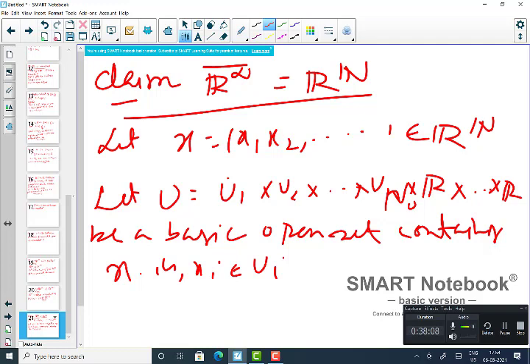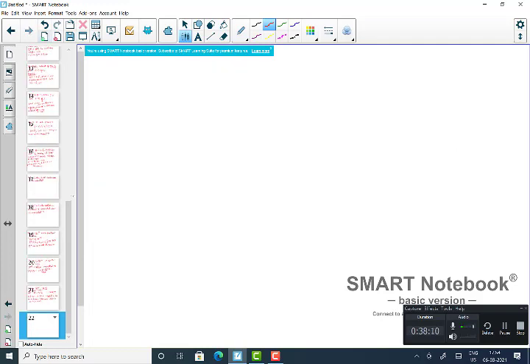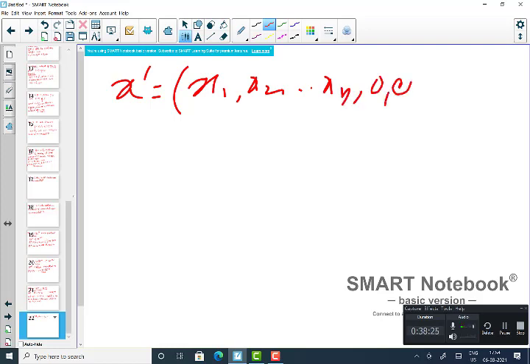So now you see that you can write down a point, maybe write down x dash. And x dash is what? x dash is the point of the form x1, x2, up to xn, and then 0, 0, 0, 0. Okay, clear?